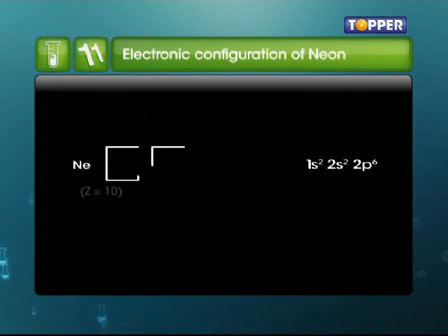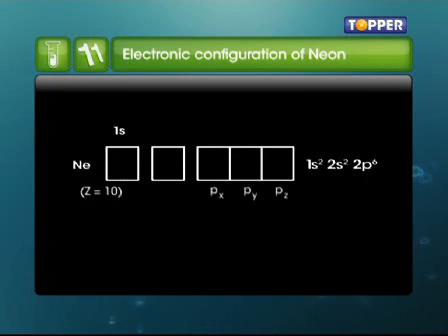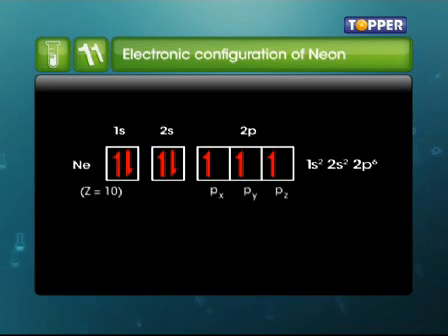If we take the case of p orbital, px, py and pz must all be singly occupied before the next electron can be filled in. So, the correct order of electrons filling the 2p subshell is as shown.